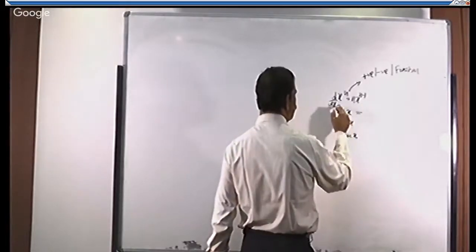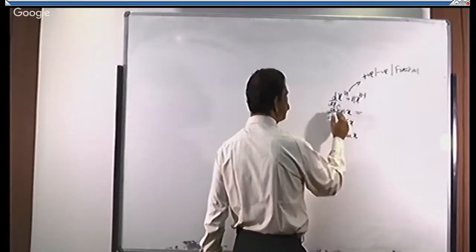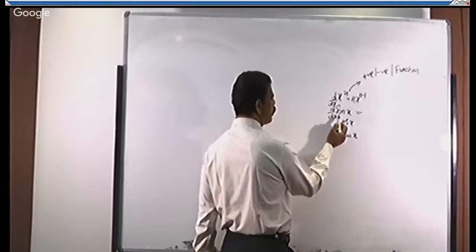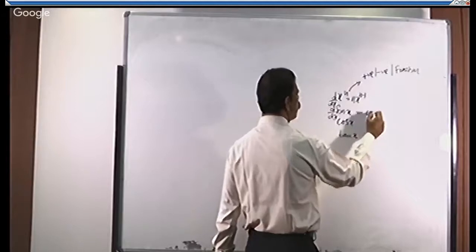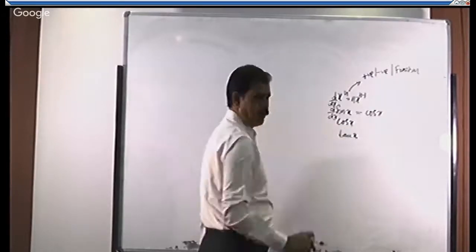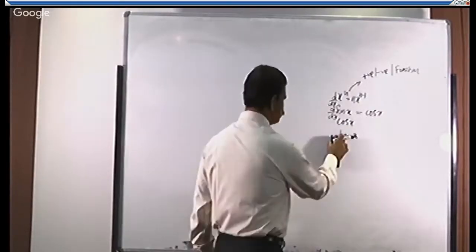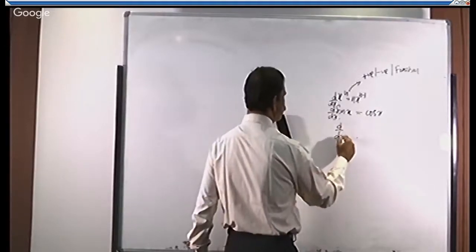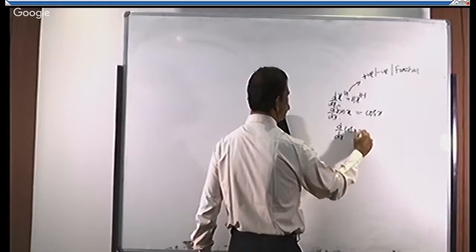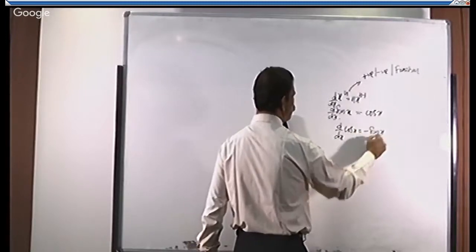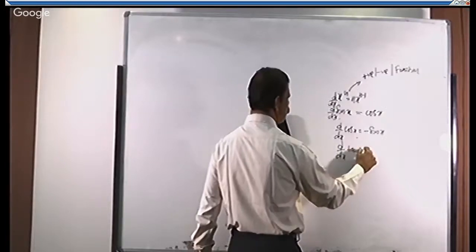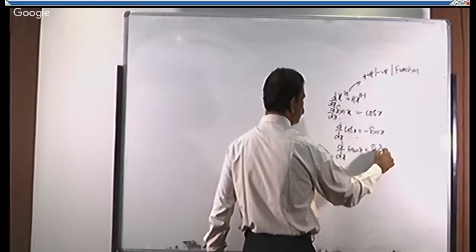D by dx of sin x means differentiation of sin x with respect to x. We got cos x. D by dx of cos x is minus sin x. Differentiation of tan x is secant square x.